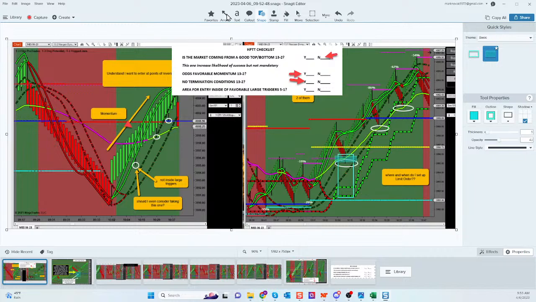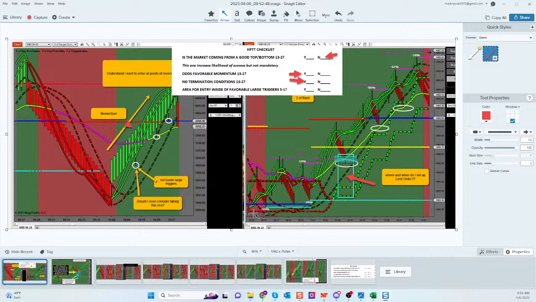Couldn't you take the trade there and put your stop? Because that's where it should go if it's going to go, at the area inside of favorable large triggers. Does that make sense? The only time I'll really ignore is when I only have one area where it could possibly go from.